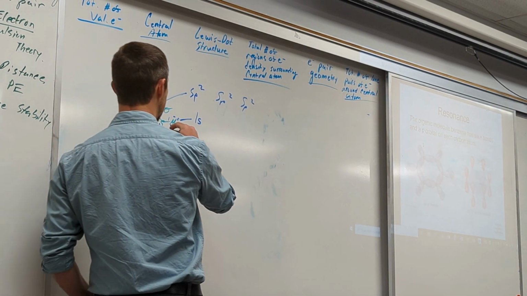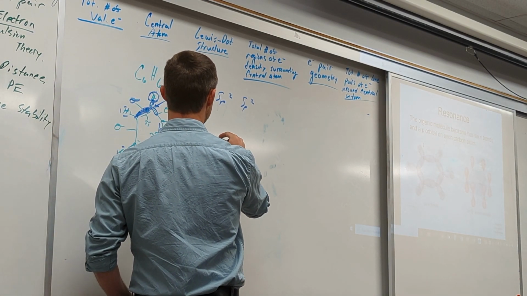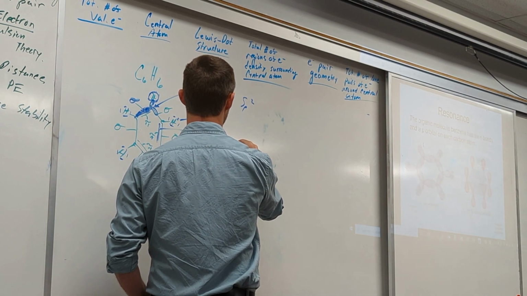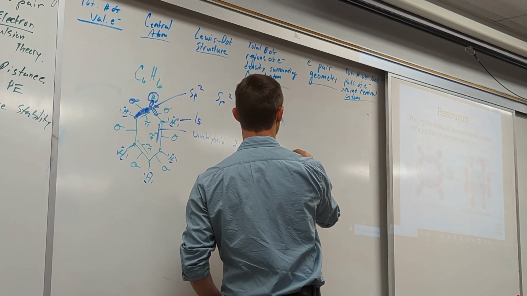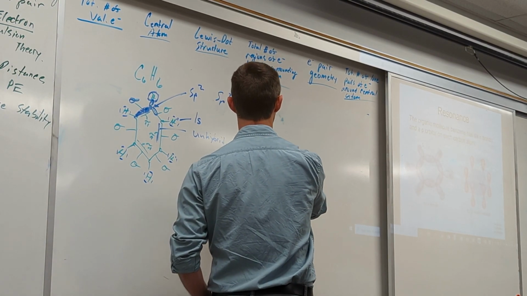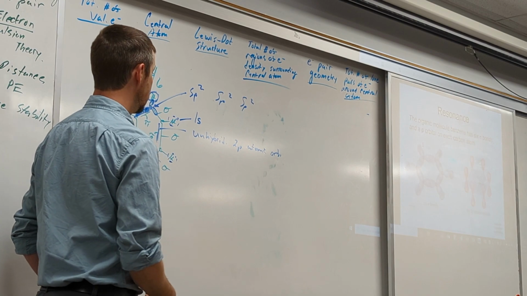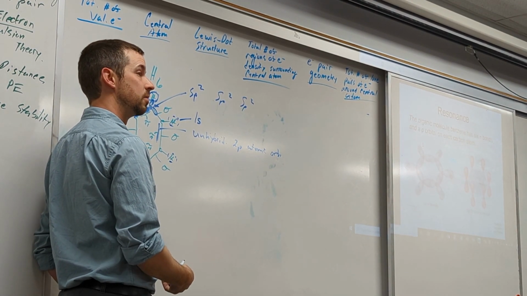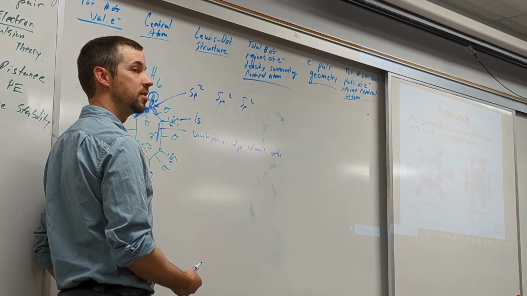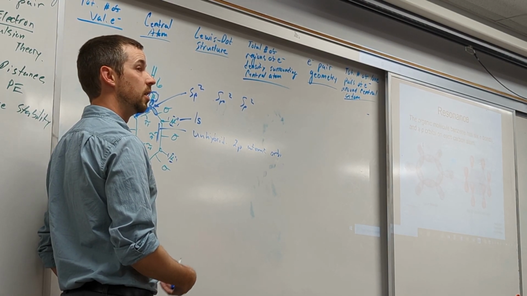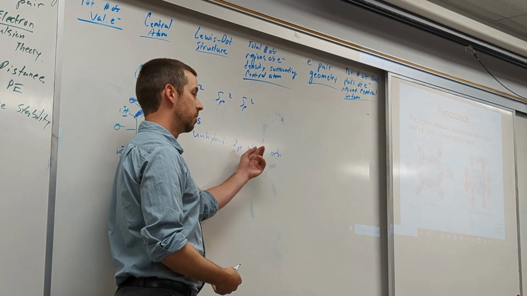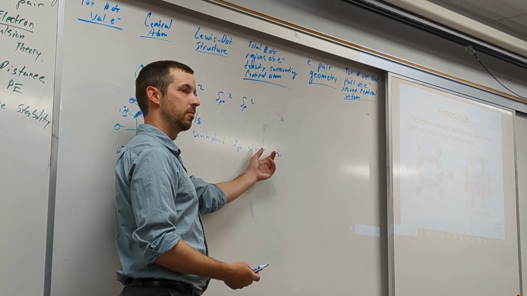So this would be an unhybridized 2p atomic orbital from carbon interacts perpendicular to the internuclear axis with what? What's it interact with? Another unhybridized 2p atomic orbital of carbon, right?